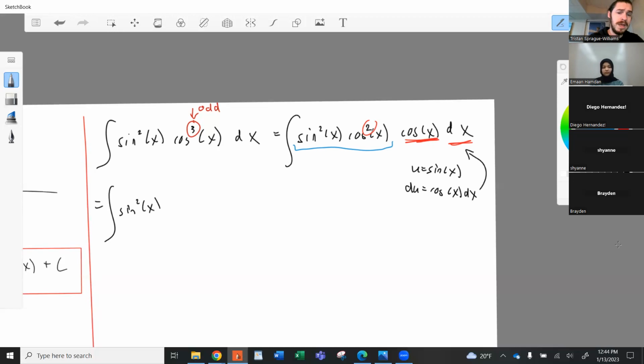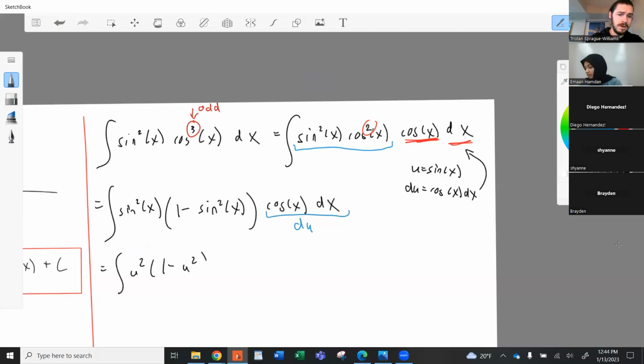So this would end up being, replace the cosine squared with 1 minus sine squared, and now this part here is my du, and then sine is going to be u, right? So this will become u squared times 1 minus u squared du.